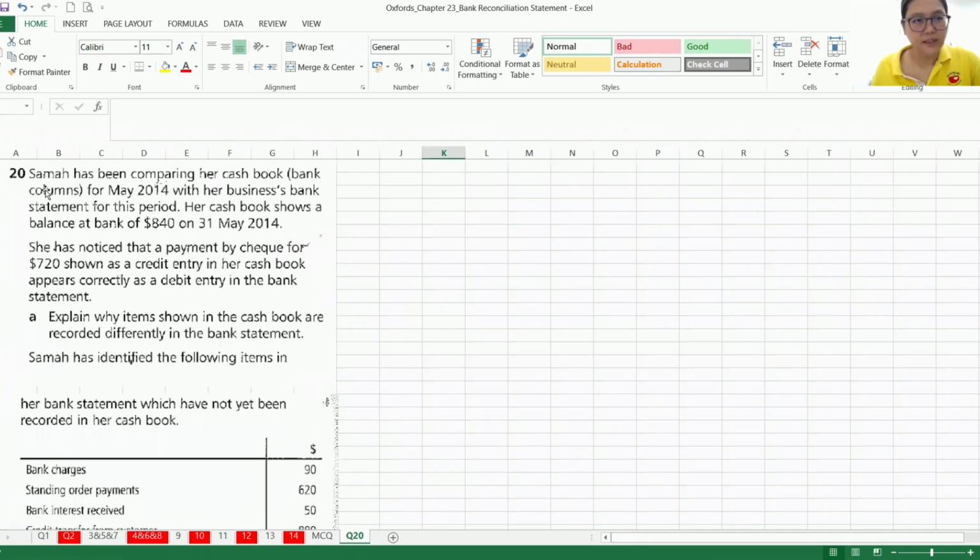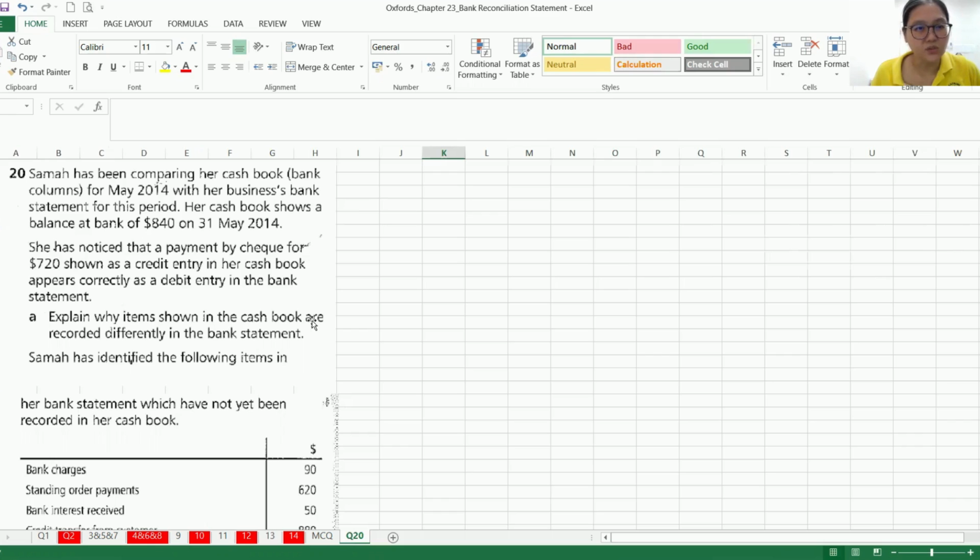Sama has compared her cash book for May 2014. Her cash book shows a bank balance of 840. After that, she has noticed a payment by cheque of 720 shown as a credit entry in the cash book appears correctly as a debit entry in the bank statement.